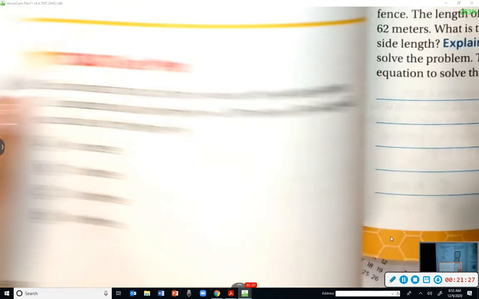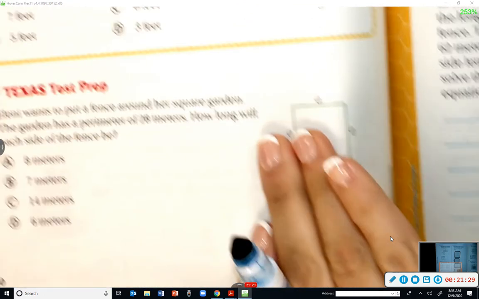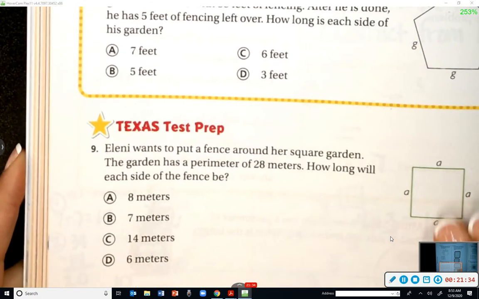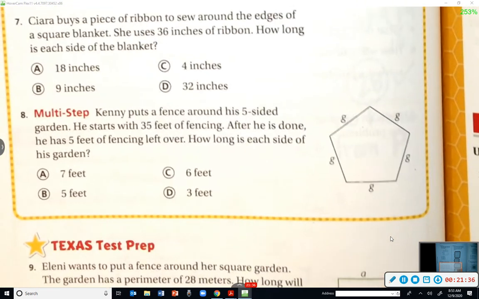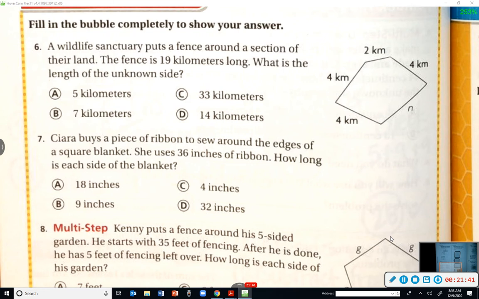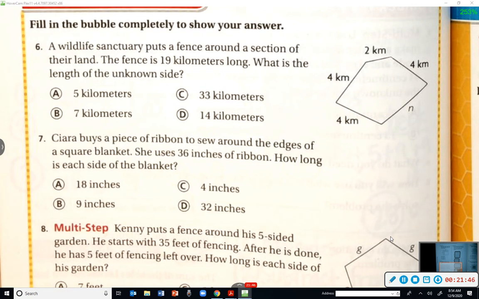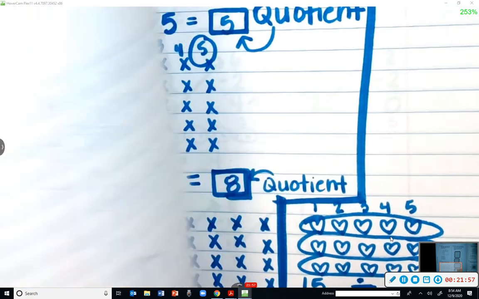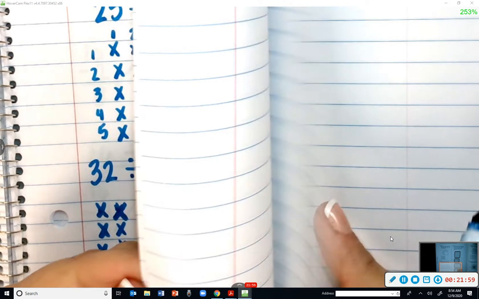Okay, before we go on to this page, 6, 7, 8, and 9, I want to add a couple things in our math notebook. So go ahead and take a pause on this and get out your math notebook. Turn to the next clean page you can find.